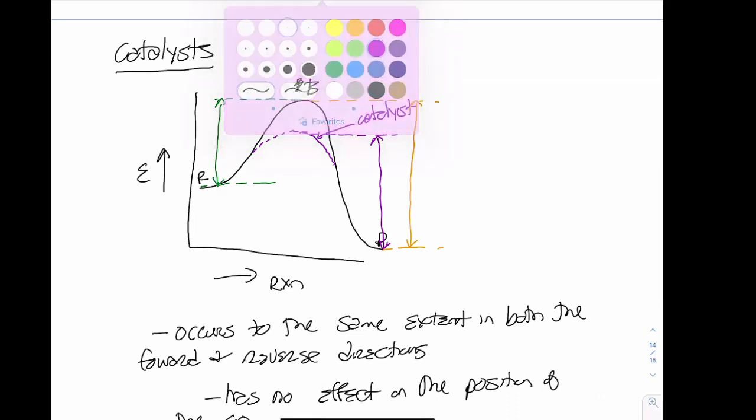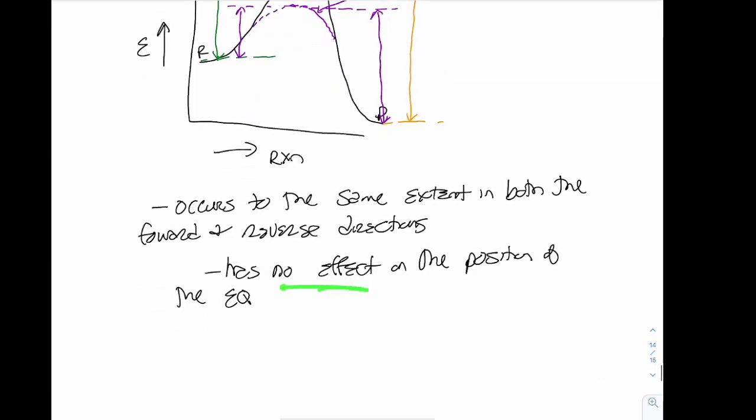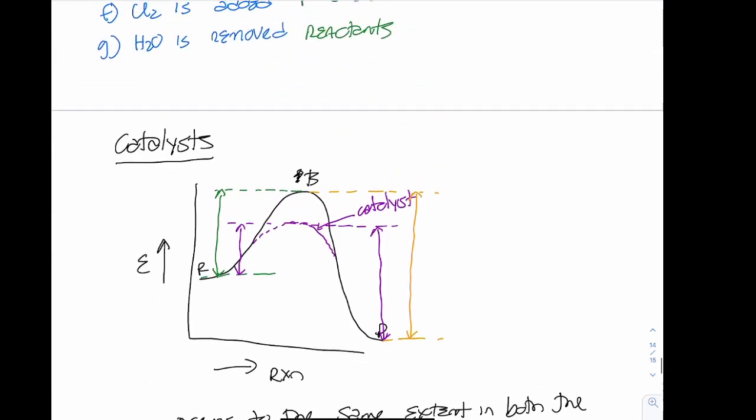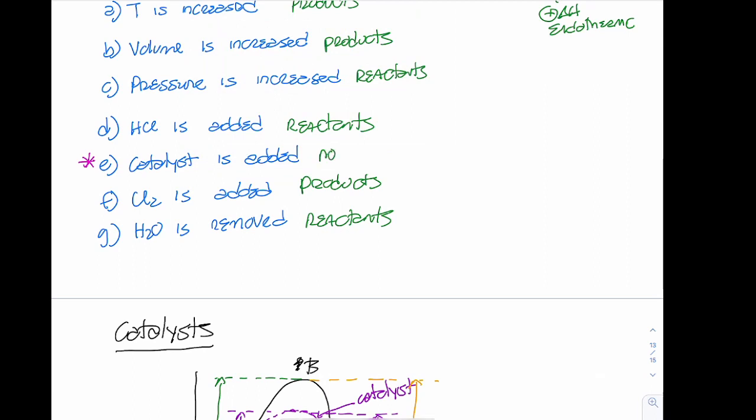Adding the catalyst lowered it in that direction also. And then if we look, this is the same amount as that. So I've lowered it equally in both directions. So the rate in both directions are still equal. We're still at equilibrium. I have no effect. So going back up to that problem, with addition of a catalyst, there is no shift.